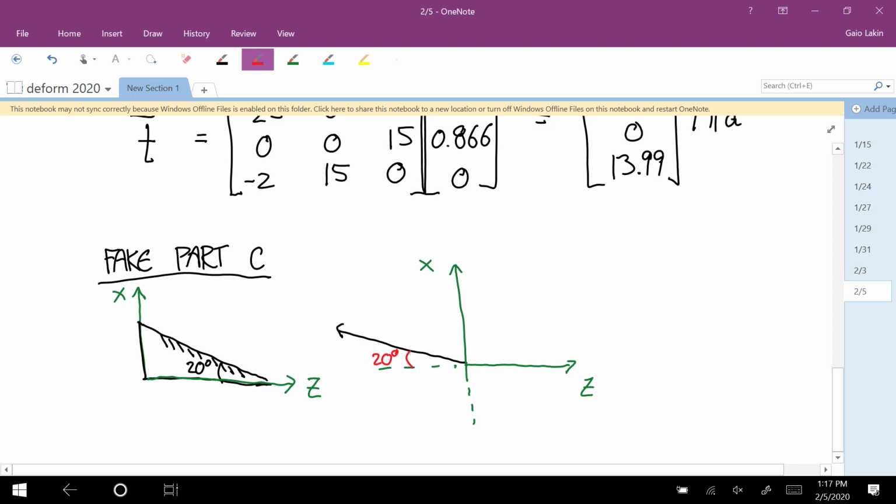Now we're doing a rotation about y, so that's why you have to know the direction of the positive y-axis. We're going in the positive y direction, right-hand rule from x down to there. So that's 70 degrees.